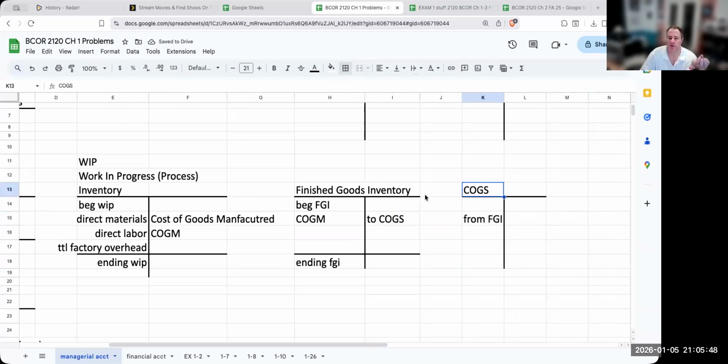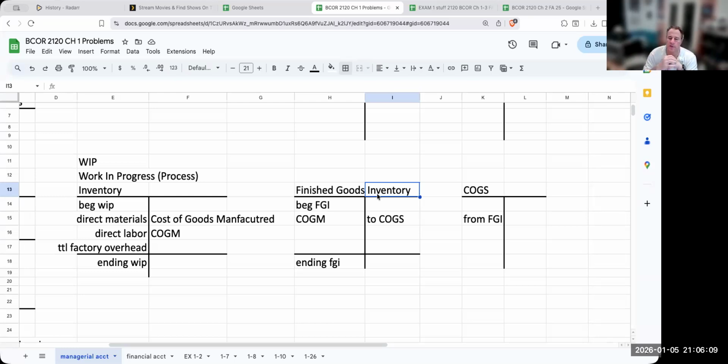So we'd be debiting cost of goods sold and crediting inventory. That, on an overall basis, is how we account for a manufacturer. As we go through all these different examples, I will be constantly coming back here and referring to this.